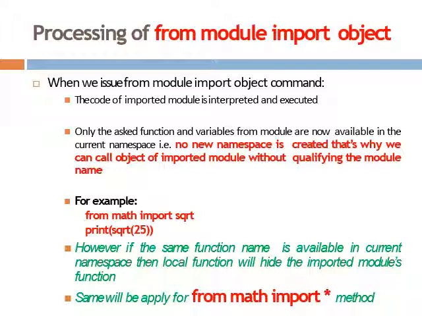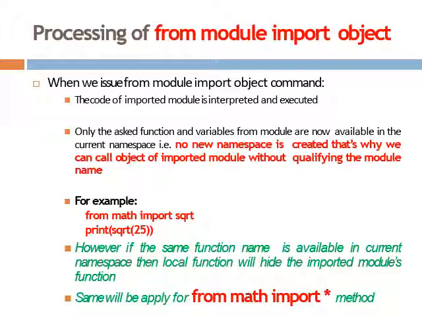Only the requested function and variables will be available in the current namespace, and that's why we are able to access the function without qualifying the module name. Once again, I repeat, no new namespace will be created. Only the required function and variable will be available in the current namespace, so no module name prefix is required for executing the function.